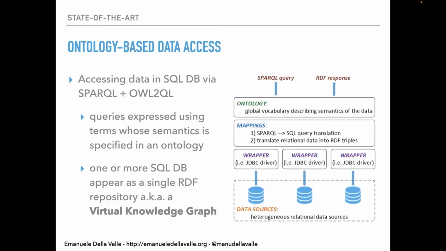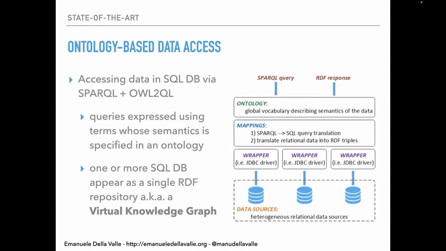As I said, we will show some reasoning, and specifically the part that Matteo will demonstrate is called ontology-based data access, and it works in the following way. The idea is that you put queries against the ontology, and then you provide mappings between the ontological terms and the data sources. And what the reasoning does is to take the SPARQL query and rewrite it down into one or more SQL queries.